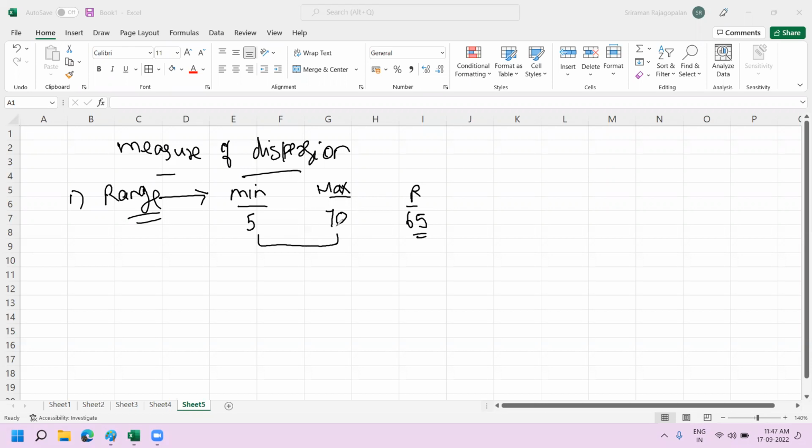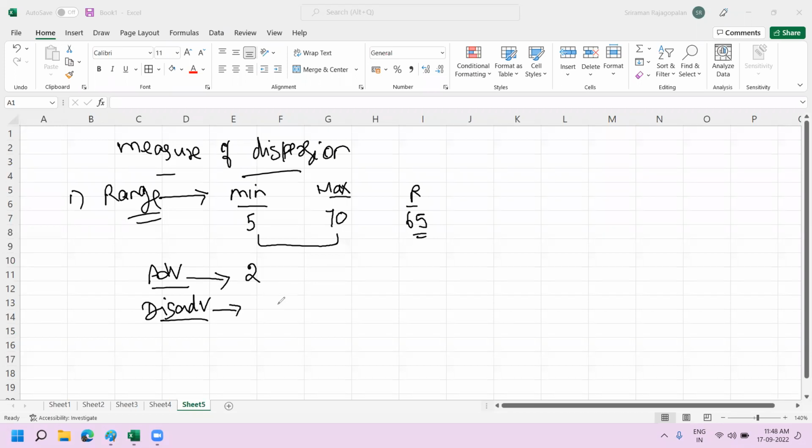What is the advantage and disadvantage of using range as a measure? Let's talk of advantages. Less data to calculate. You are only dealing with two data points. What is the disadvantage? It cannot be trustworthy.